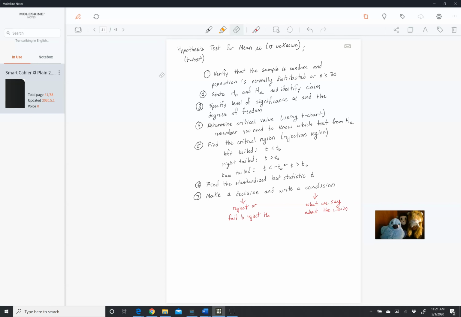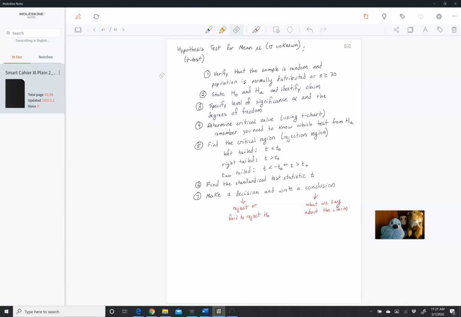So maybe we're supporting it or rejecting it, right? We can support if it's H sub A. Okay, if our claim is H sub A, we're either supporting or saying that we're failing to support. If our claim is H sub 0, we're saying we're rejecting or failing to reject.